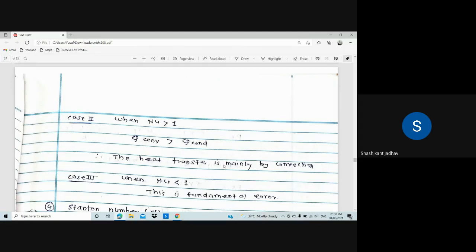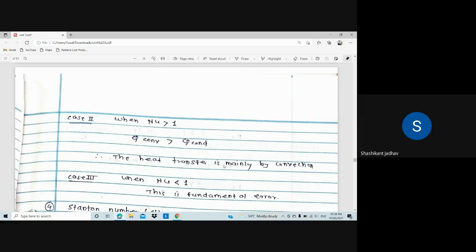Then write down case number 2, when Nusselt number is greater than 1. Nusselt number greater than 1 means Q convection is greater than Q conduction.